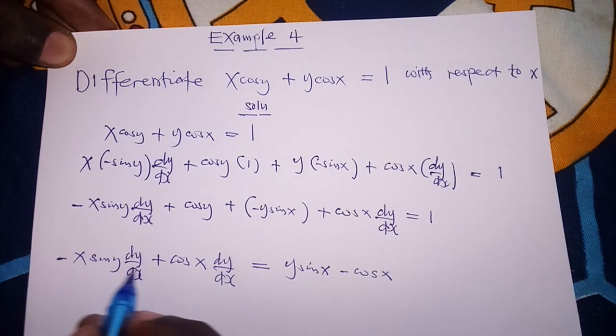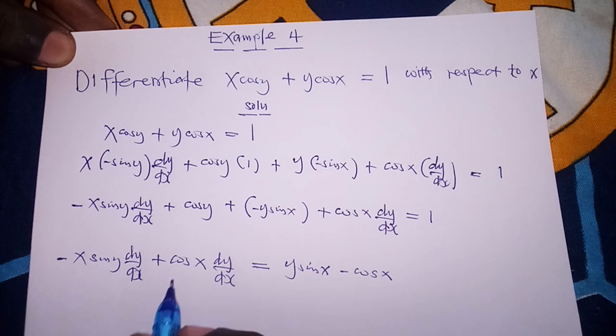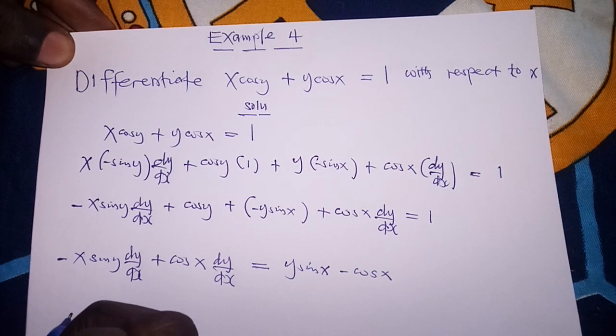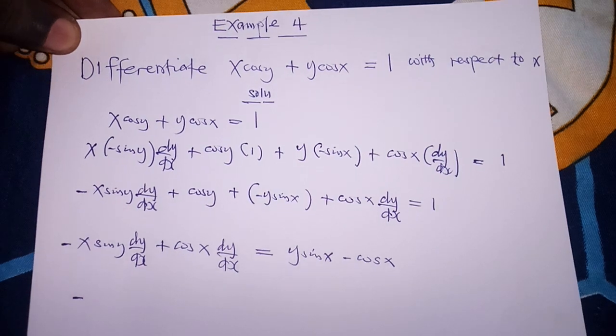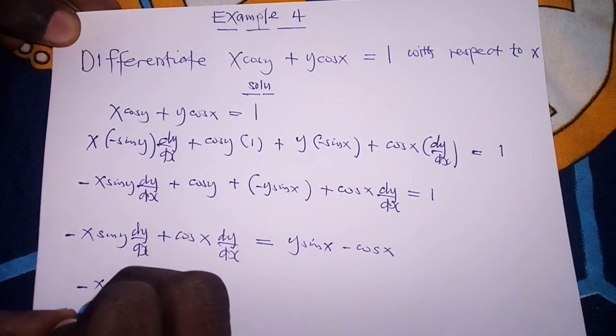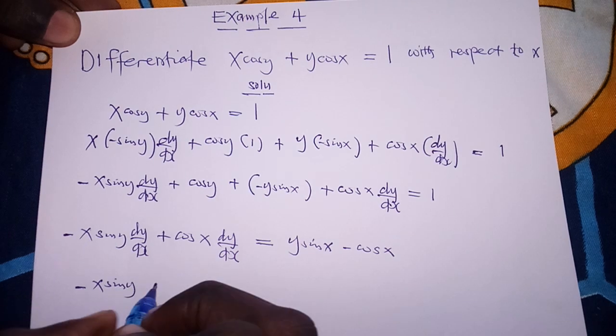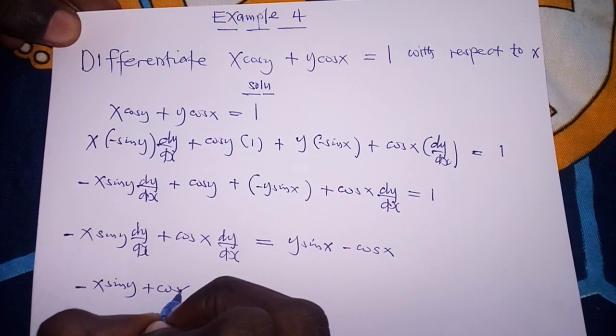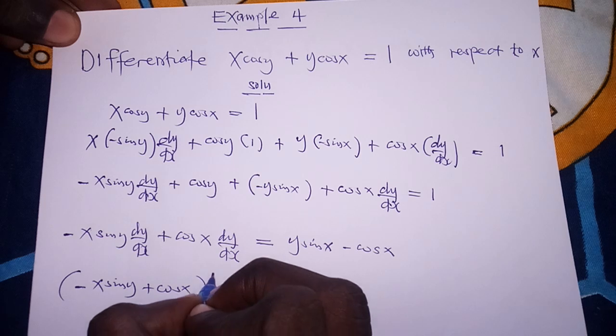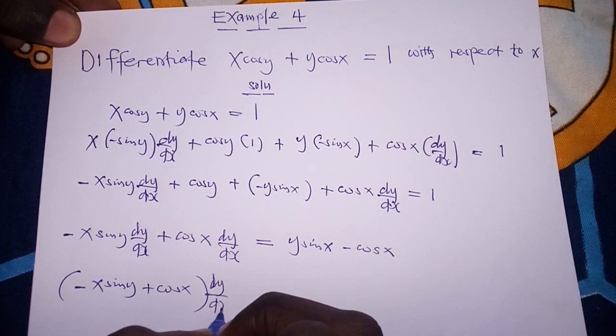Then we factorize. What do you think is common here? It is dy upon dx that is common. Then let's factorize and see. We have minus x sine y plus cos x. We are factorizing the dy upon dx as a common factor.